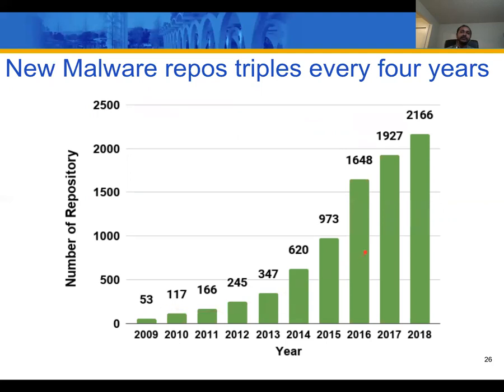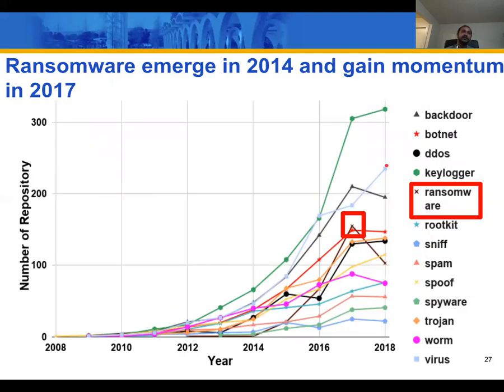And in 2016, there is a big rise, as we will see that ransomware emerged in 2014 and gained momentum in 2017. However, if we align this with the real world scenario, in 2016 and 17 there was a worldwide attack of ransomware, so people tried to create this type of malware and upload it to GitHub.